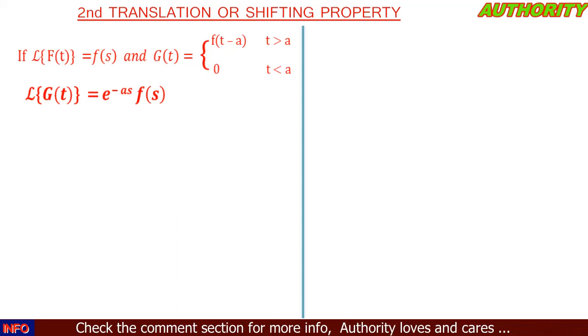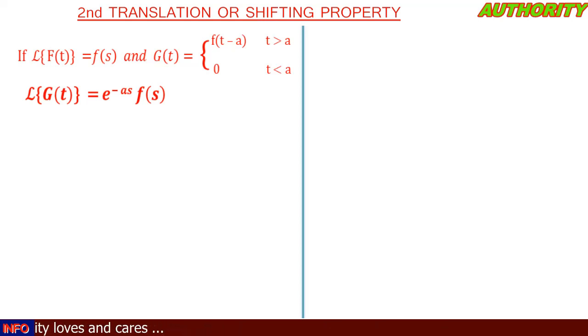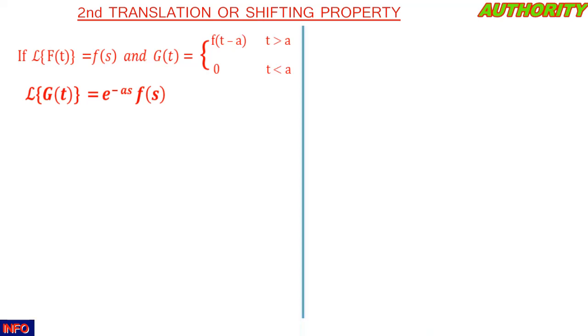The g of t could be f of t minus a if or when t is greater than a. And this g of t could be 0 if or when t is less than a. Okay? So now, these are the two conditions. Then, the Laplace transform of g of t is equal to e raised to the power of minus as F of s.